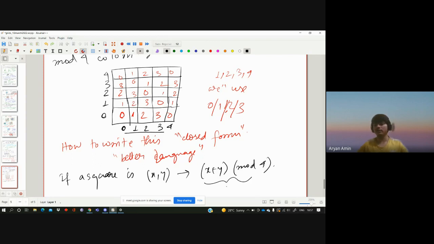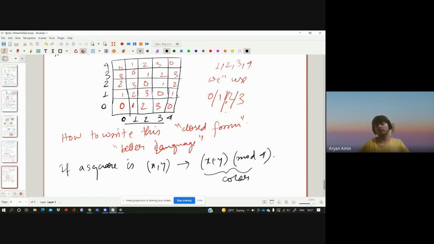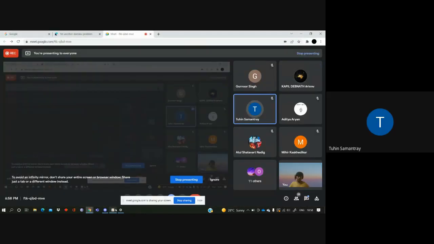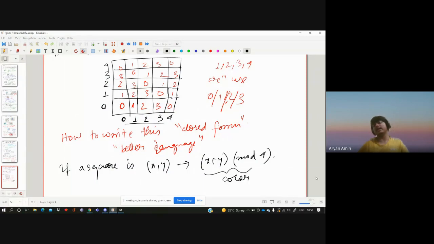That is its color. Does everyone agree with this? This is how you define mod 4 coloring. In general for a general k, you would just have k instead of 4, and you would call that mod k coloring.